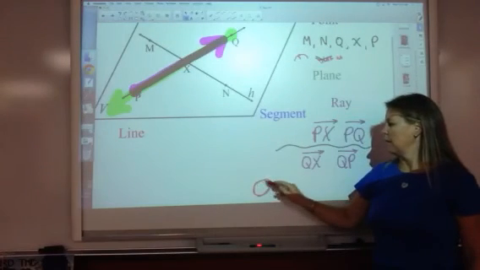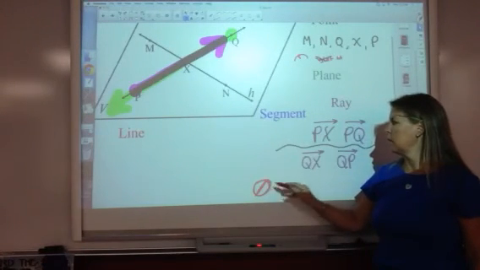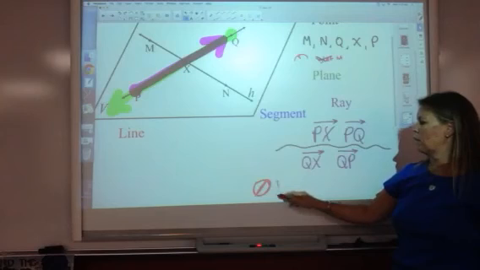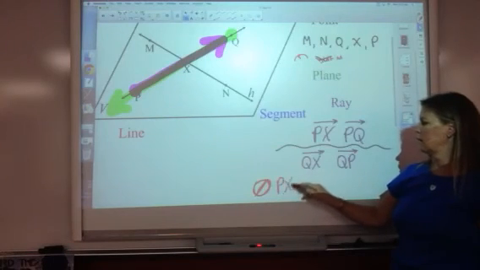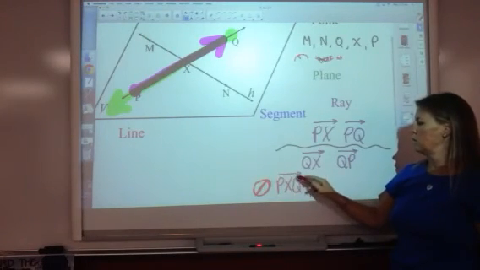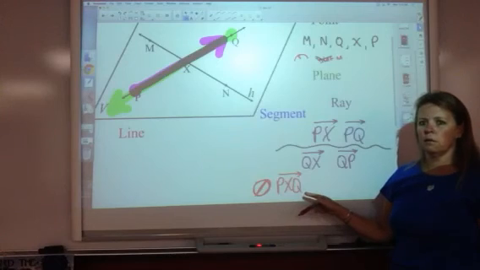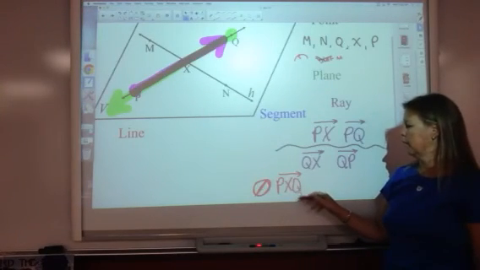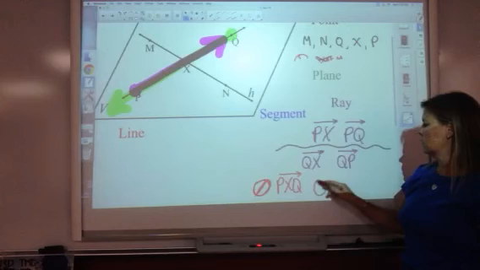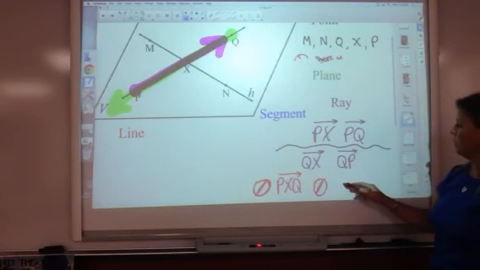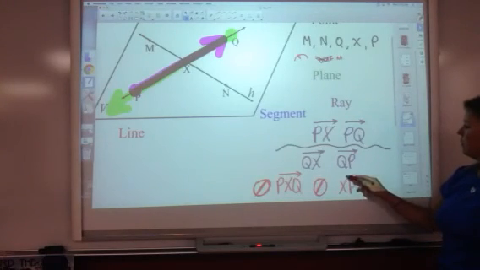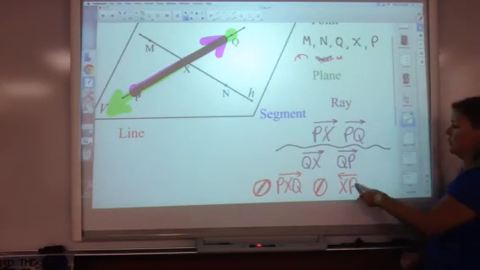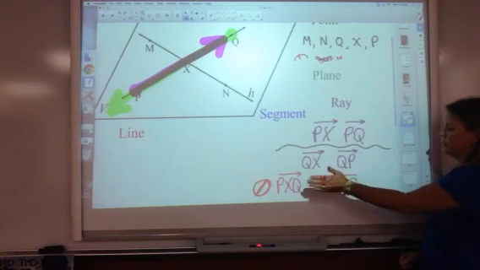And one more time, what can't you do when talking about rays? You cannot call that ray PXQ. We don't use 3 points for a ray. You only use 2 points for a ray. And the other thing you can't do is you can't call it ray PX and say, well no, P is my initial point and it's going through X, so I'm going to draw it this way.